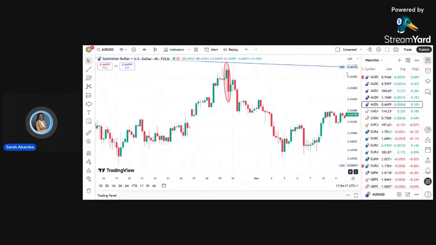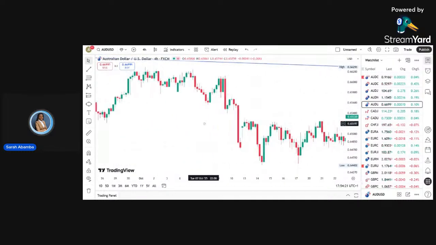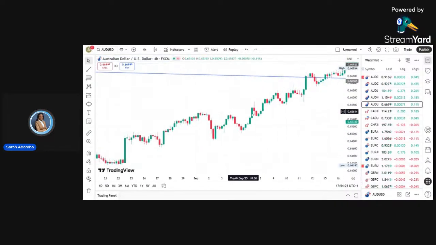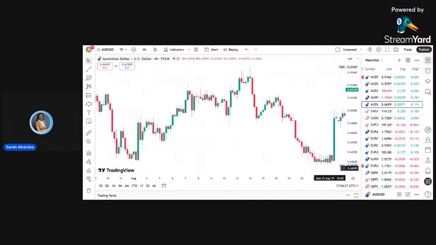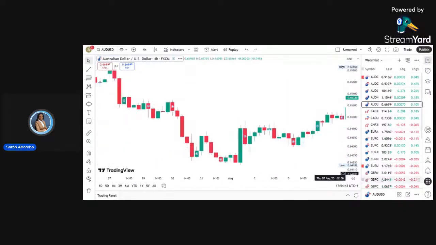Okay, so the next example we'll be looking at is the bullish engulfing. Let's look for a bullish engulfing pattern. Like I said before, it is in all time frames. You can find this pattern in the 1 hour time frame, 2 hours, 3 hours, 4 hours. So I've seen an example of a bullish engulfing pattern.